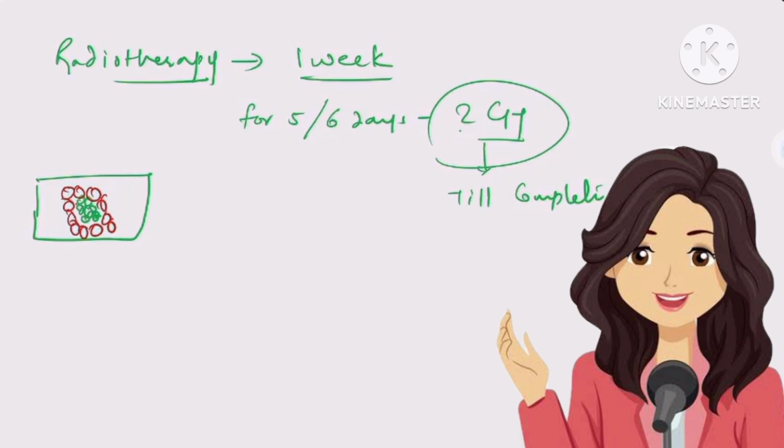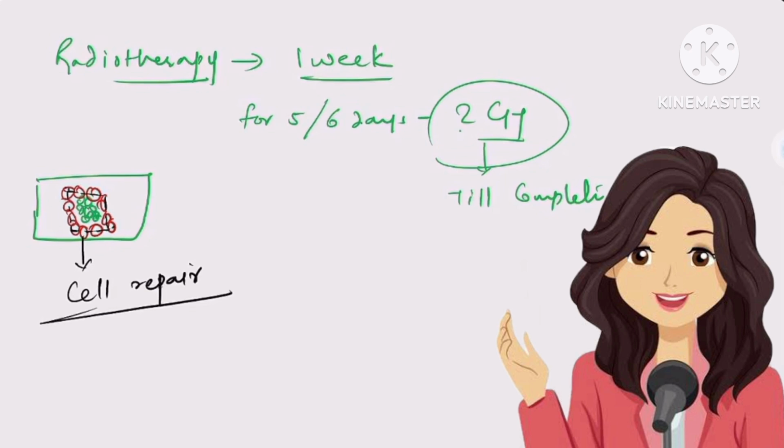Say one or two cells, not all, surrounding that tumor cells are getting exposed to the radiation, right? So they are also getting affected by this radiation. So why do we give this fractionization dose? Let the surrounding cells repair, which are getting damaged due to this radiotherapy.